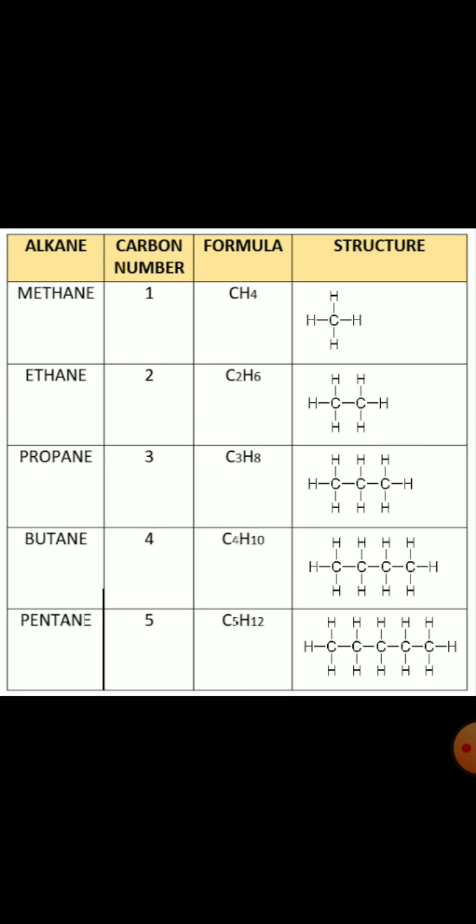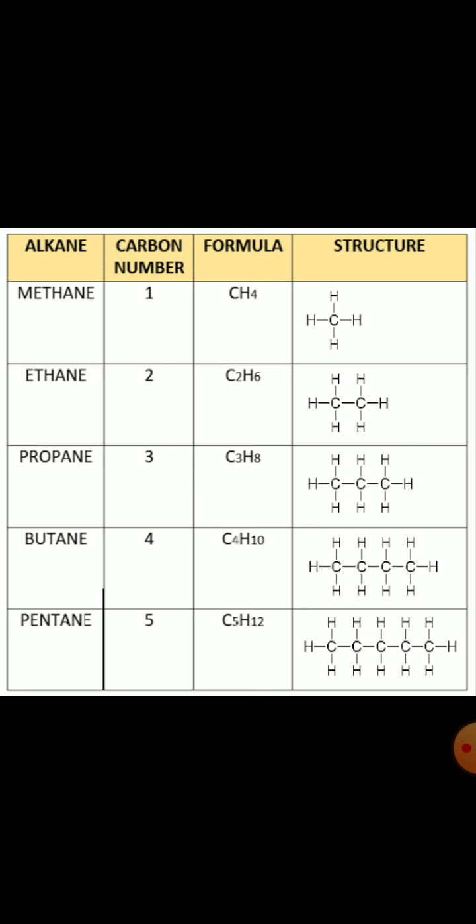So easily you can remember the definition of homologous series as a series in which the compounds have the same general formula. Remember students, the compounds have the same general formula but different molecular formula, and they occur in immediate succession. This type of series is called homologous series.